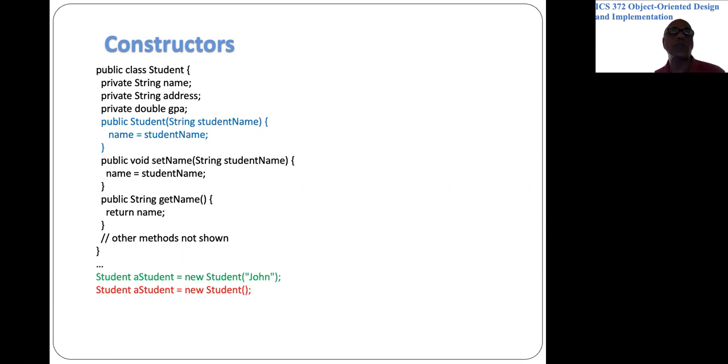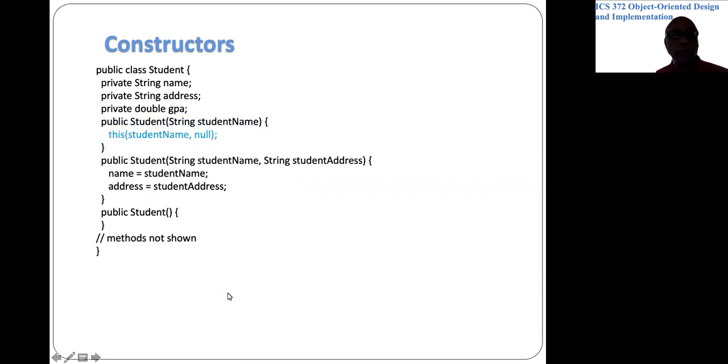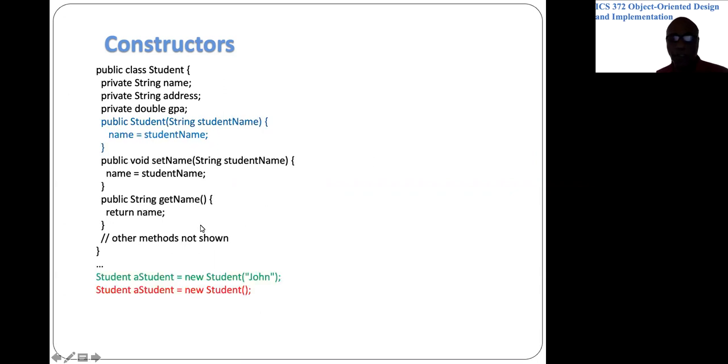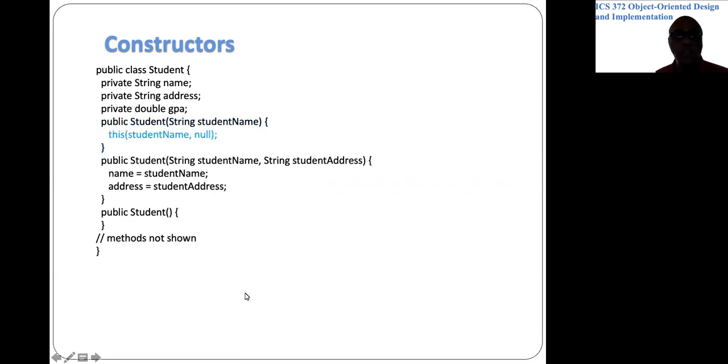I don't want to say nothing, but it is close to nothing. So this is no longer valid without a parameter. If you want to have the ability to call this without a parameter, then you have to put in a constructor without parameters. Then we can create a student without passing any parameters.